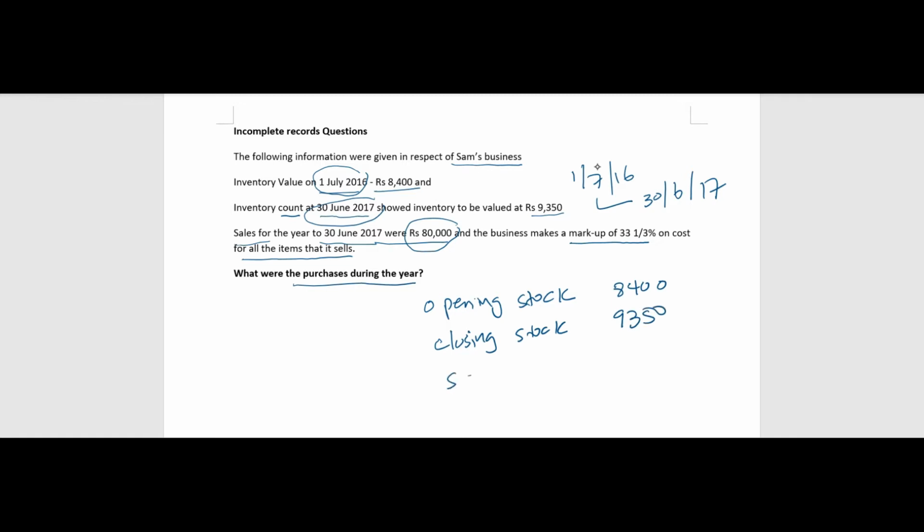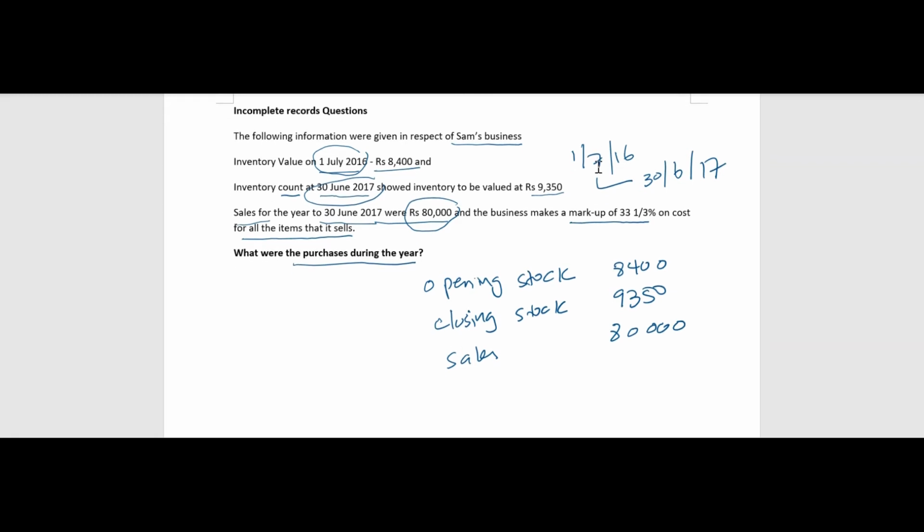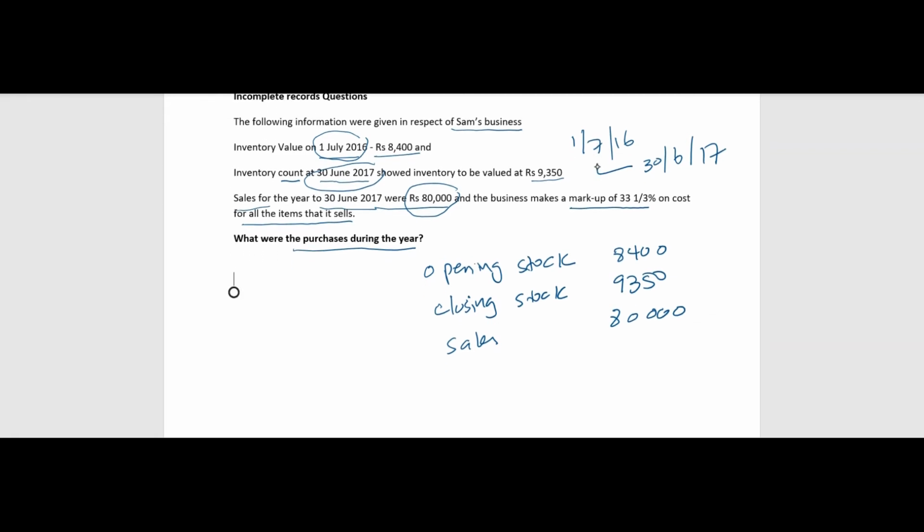Then the sales for the period are 80,000, and you are also given the profit markup as 33 and 1/3. This particular concept I have already discussed in my previous video.